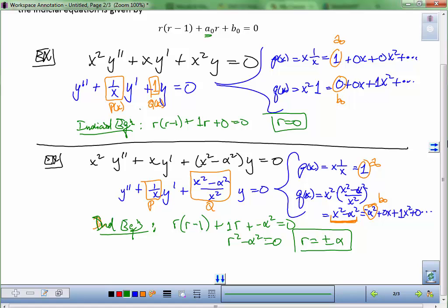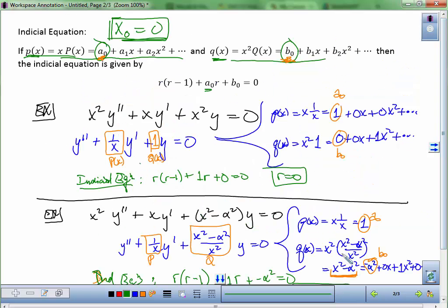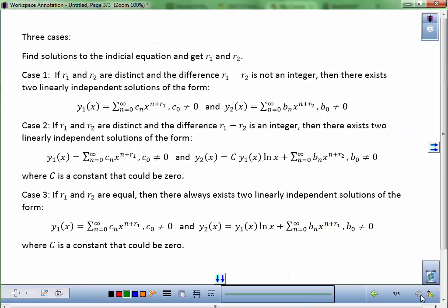So we have two possibilities. Actually, we're going to have three different cases. Why? Because that's what they say. So the three cases all revolve around having two real roots or having one root that repeats. So case one is a two real root possibility.